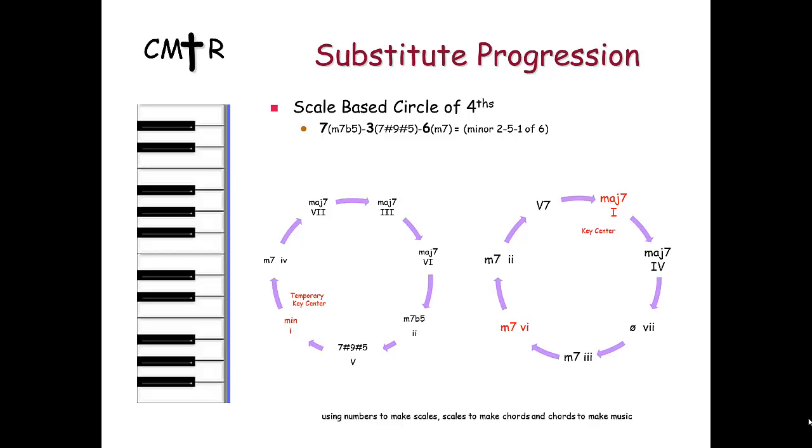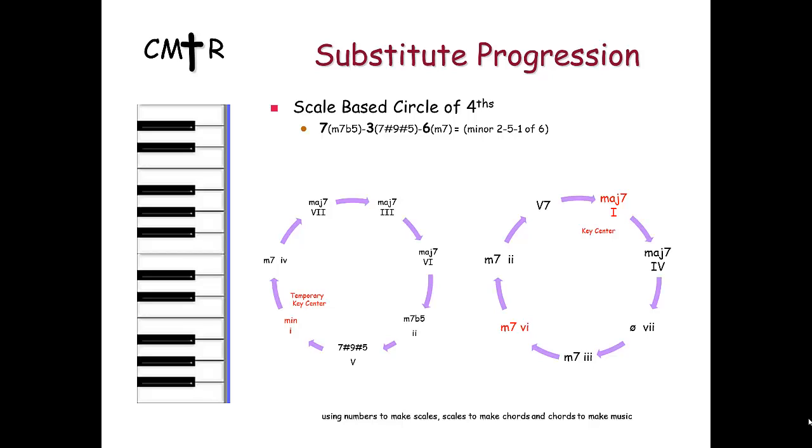The 1 in the key of the song would be a major chord, and then it would move around the circle to the 4, the 7, the 3, 6, the 2, and the 5. In the temporary key change where 6 becomes the focus, you'll see that the 6 is a minor chord. So that creates a 2-5-1 in a minor scale, and that's where we get the 7-3-6 from.